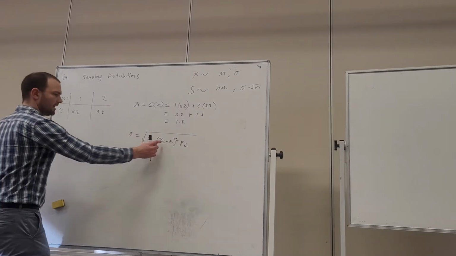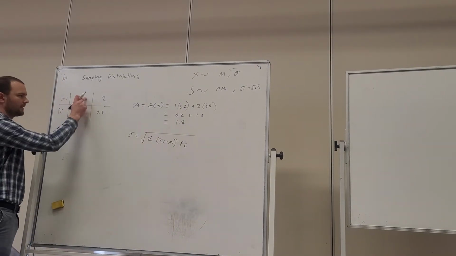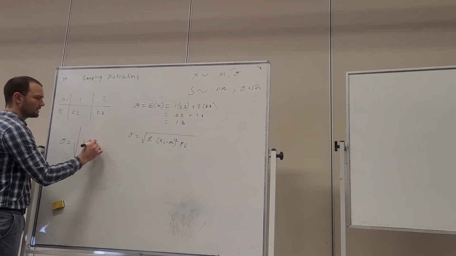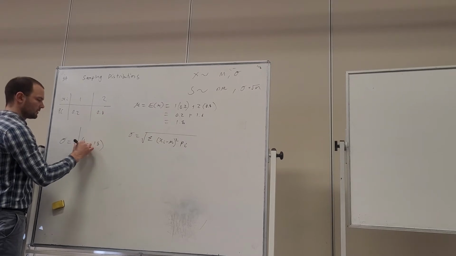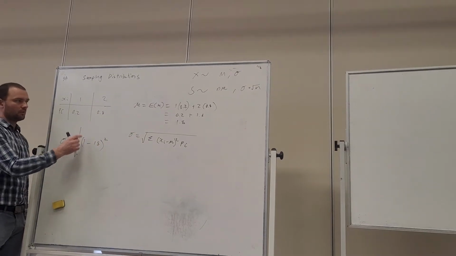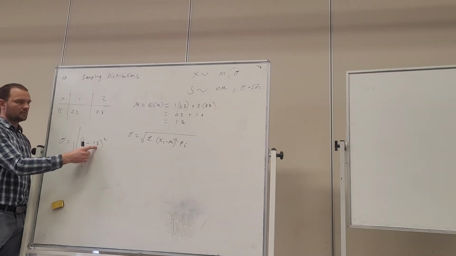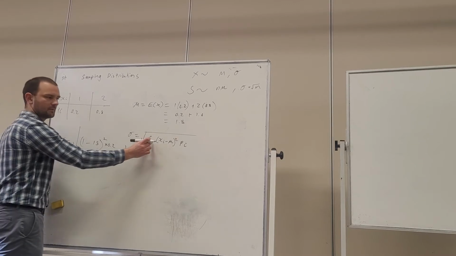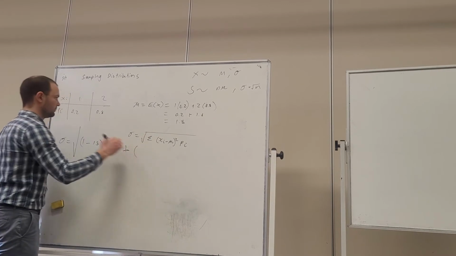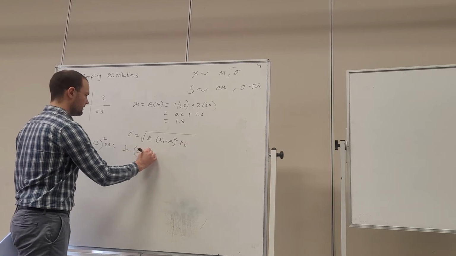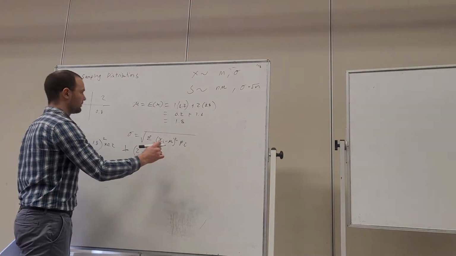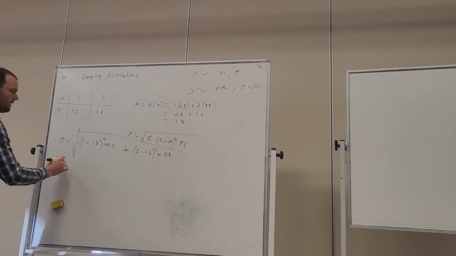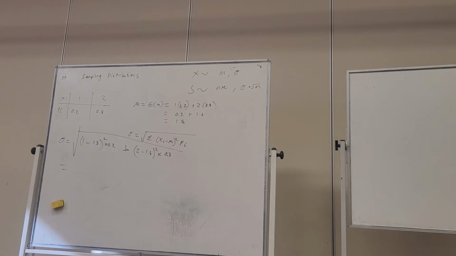So it's the square root of 1 take the mean, which is 1.8, squared, times the probability of the event, 0.2, plus the second event, 2 take the mean, squared, times its probability, 0.8, and then we perform the square root of that.